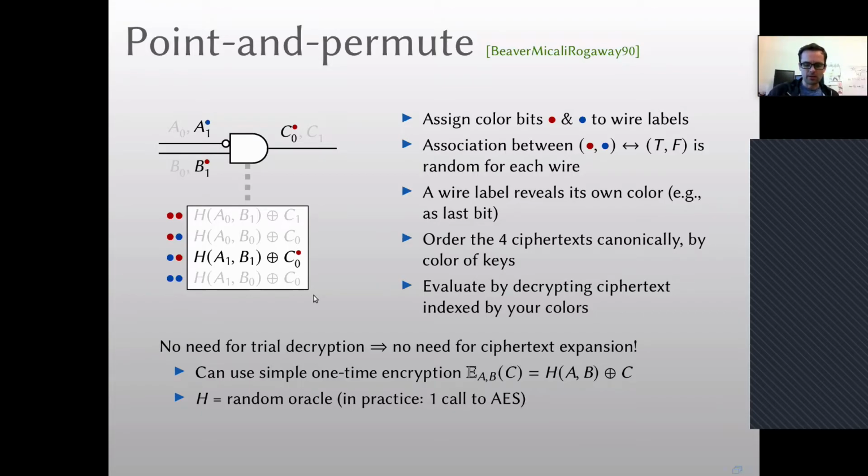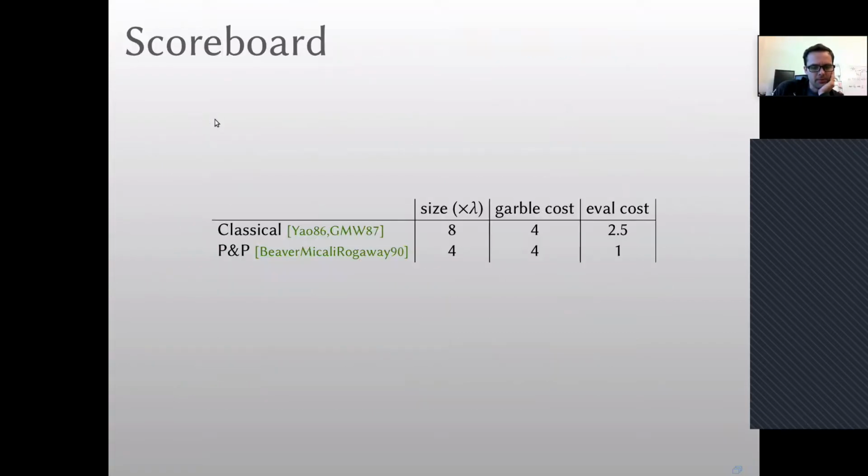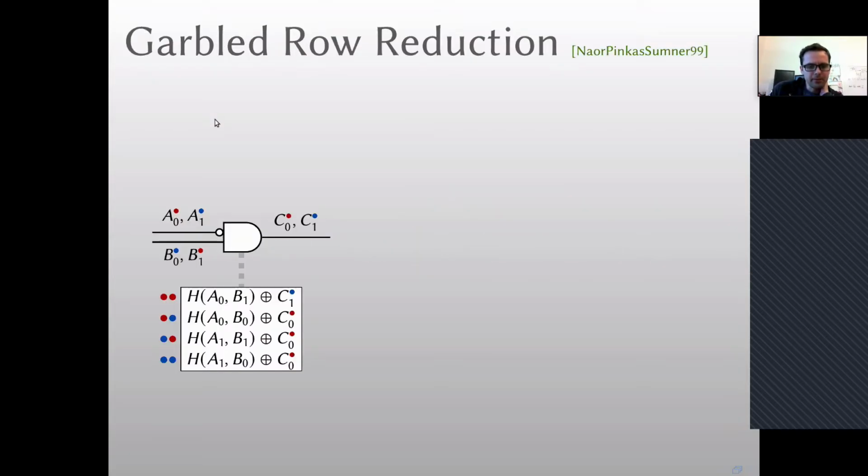So that's why it's usually called point and permute. Sometimes I call them color bits, but sometimes people call them permute bits or pointer bits, something like that. So you may see them called different things. Okay, so here's a standard point and permute garbled gate for this particular gate.